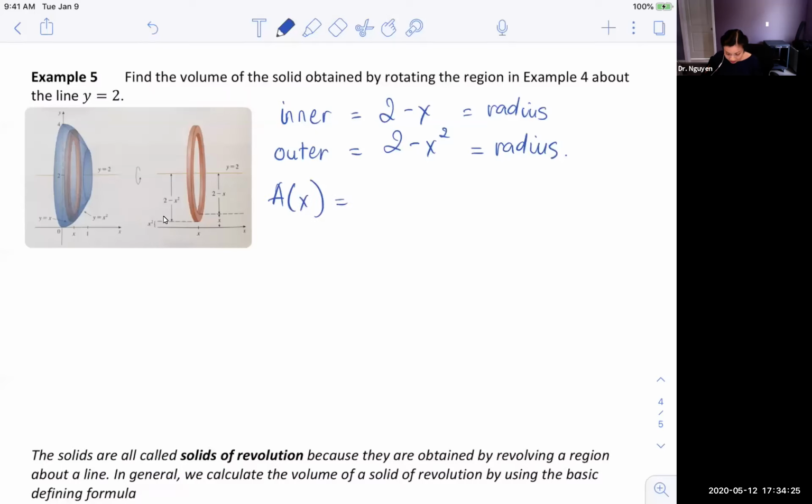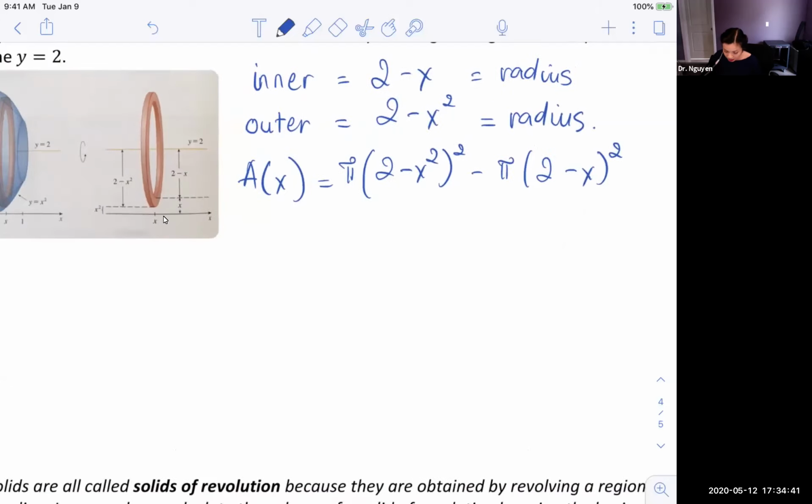The area this time is going to be pi times the outer, 2 minus x squared, squared, minus pi times the inner, 2 minus x, squared. Okay, so for the volume, we're going to take the integral from 0 to 1 of A of x dx.